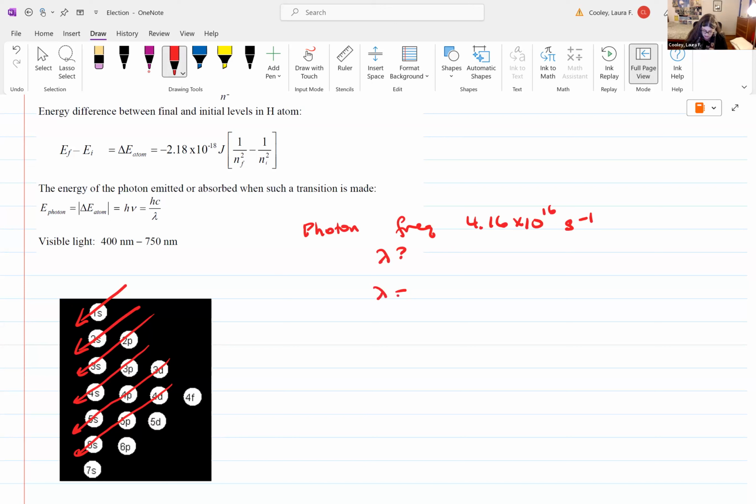Then you would just use lambda as c over nu. Just made that up, so I don't really know where that is, but that's okay.